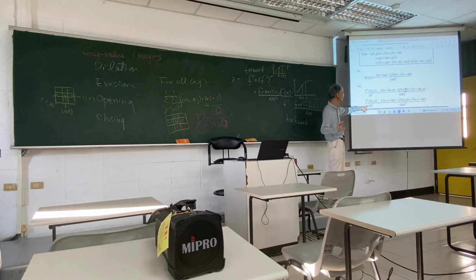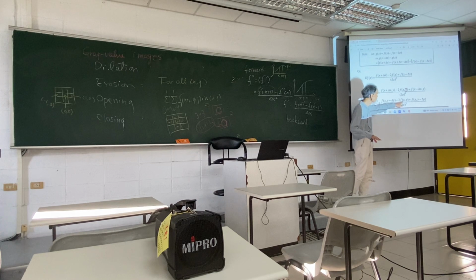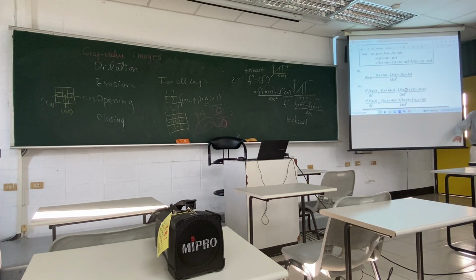The same thing here: if you take the second derivative with respect to y, that will be f of x, y plus 1, minus 2 f of x, y, plus f of x, y minus 1. You take delta y or delta x to be 1.